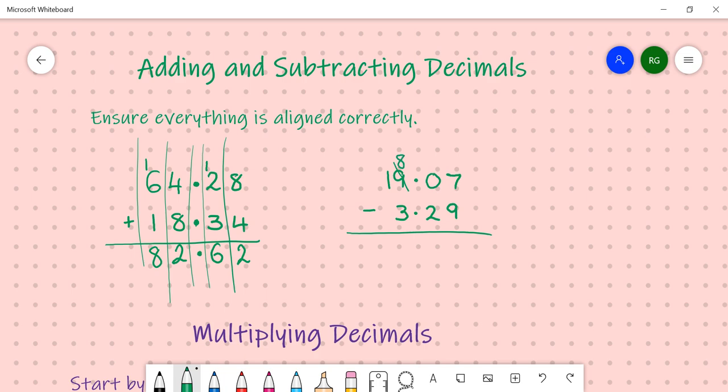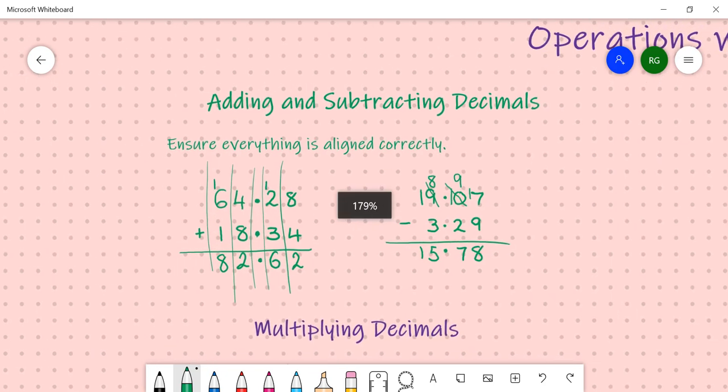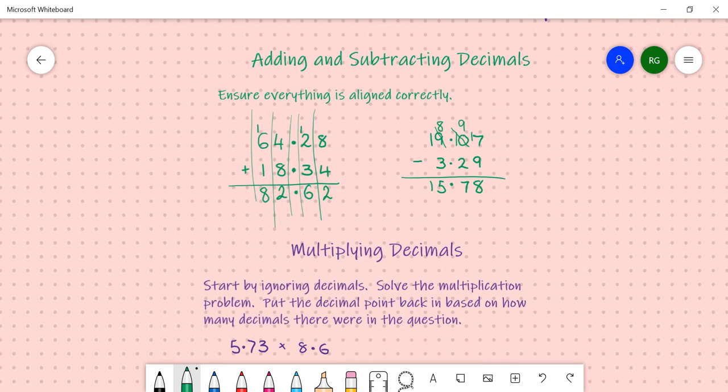So that becomes 8, that becomes 10. Now I can borrow from a 10, make that a 9, give that a 1. Now I've got 17 minus 9 is 8, 9 minus 2 is 7, decimal point, 8 minus 3 is 5, and 1, 15.78. Nothing particularly new there.